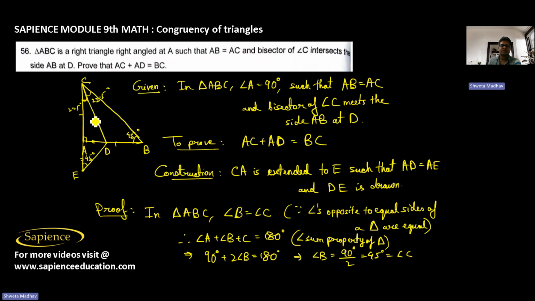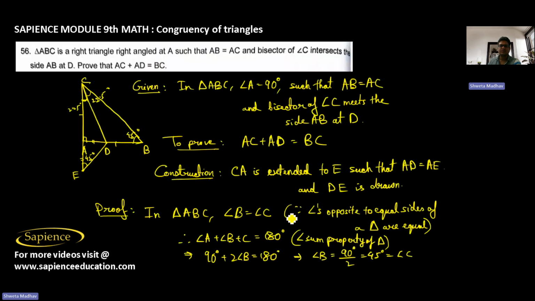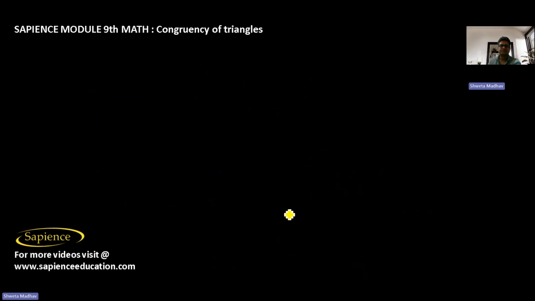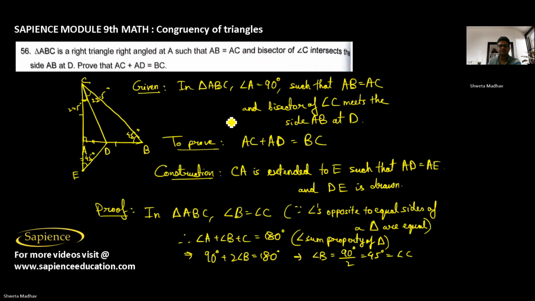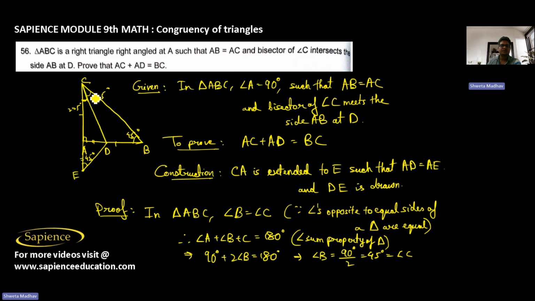Therefore I can say CE is equal to CB by CPCT. Now we can see that CE is CA plus AE.